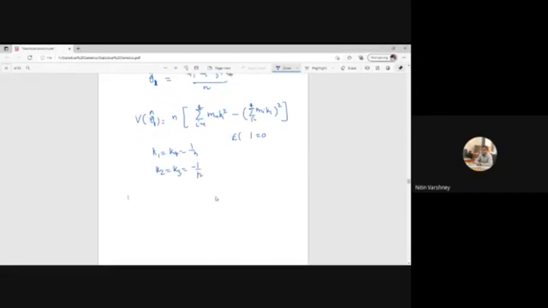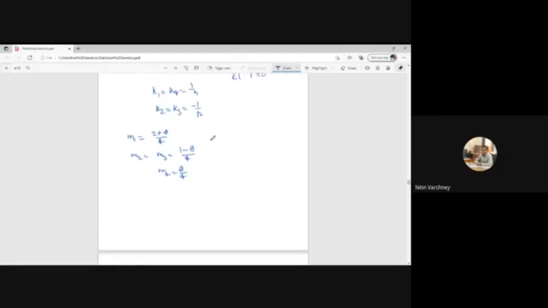And m1 is (2 plus theta) by 4, m2 and m3 are the same, (1 minus theta) by 4, and m4 is theta by 4. From this calculation, the variance of theta 1 hat will be (1 minus theta) squared upon n.